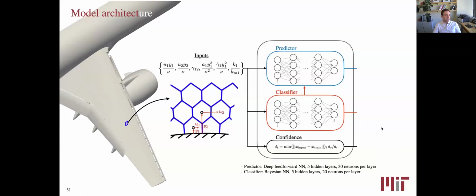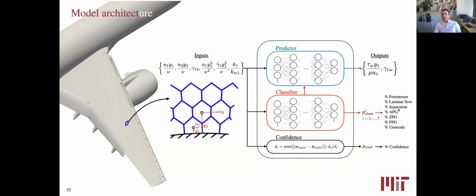We essentially tried different configurations, and we saw that this one was okay, it was giving us good performance. And then finally, going back to the output, what I mentioned before, one component is just the magnitude of the stress at the wall, and the other one is a relative angle, because the stress at the wall is a force, and it has direction. So we also need to know the direction.